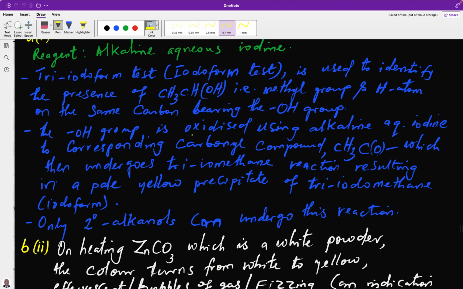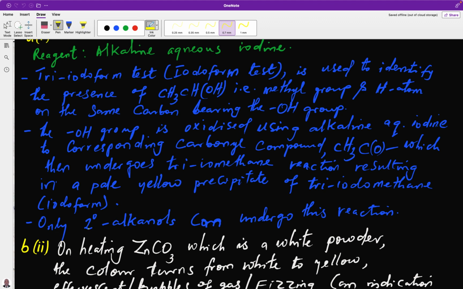And in this test, the OH group is oxidized using the alkaline aqueous iodine. So the OH group is oxidized using the alkaline aqueous iodine to the corresponding carbonyl group, which then undergoes the triiodomethane reaction, resulting in a pale yellow precipitate of triiodomethane or the iodoform.